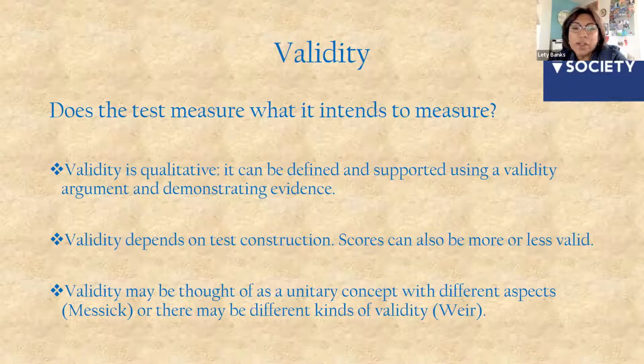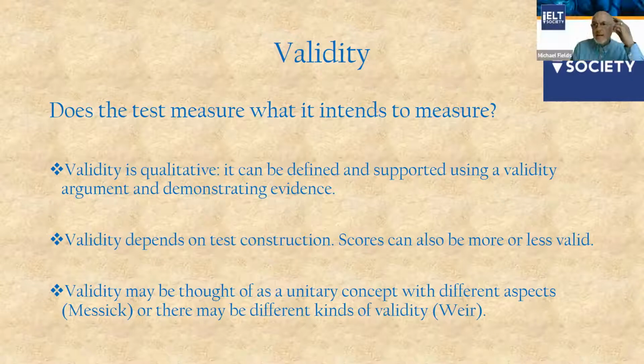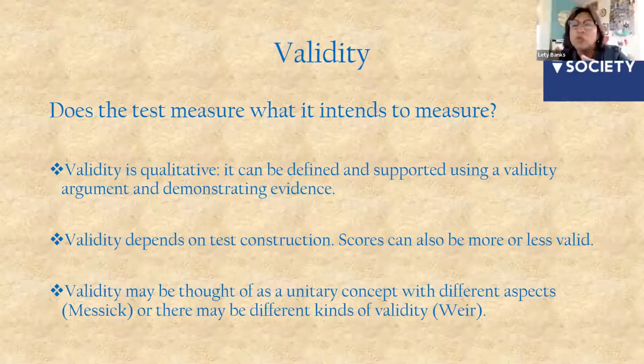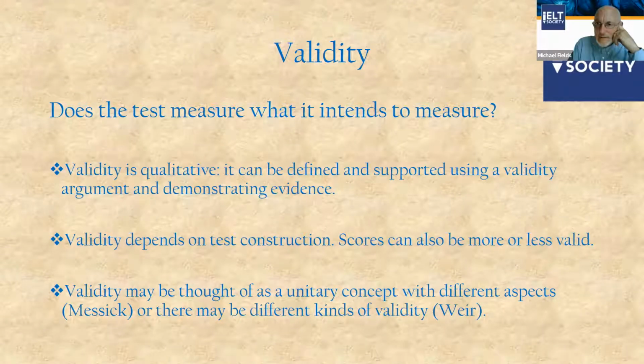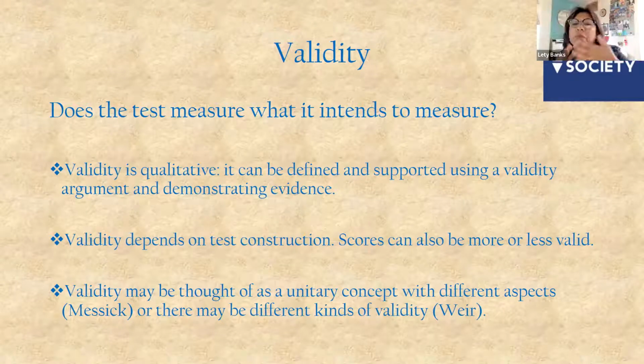Because to me, the score tells you... I forgot my argument, but I think to me, scores are part of the validity when you construct a test. So I don't understand why they can also be more or less valid. I'm sorry. So you construct a test knowing that the score is going to be valid. You're right. So maybe how can they be more or less valid?